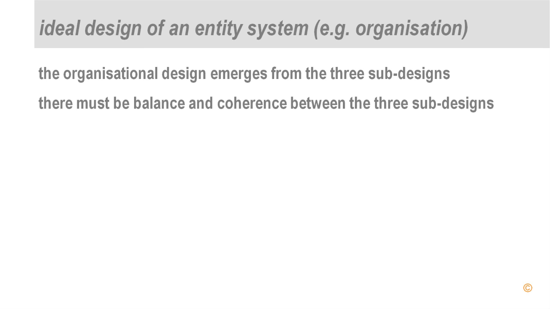We must also look at the balance between those three sub-designs. We should not emphasize, for example, business development at the expense of organization development or resource development, or vice versa.